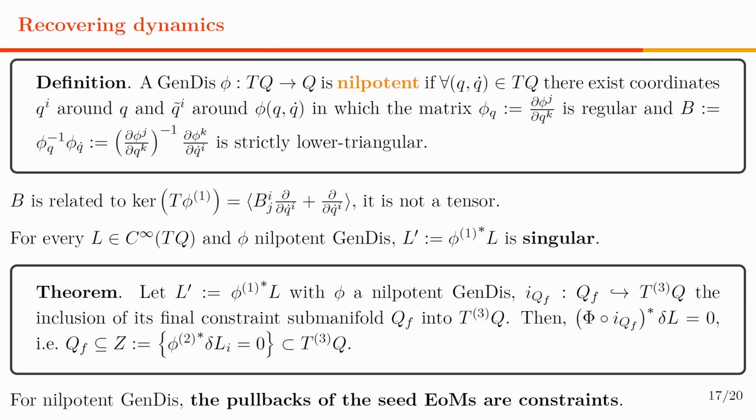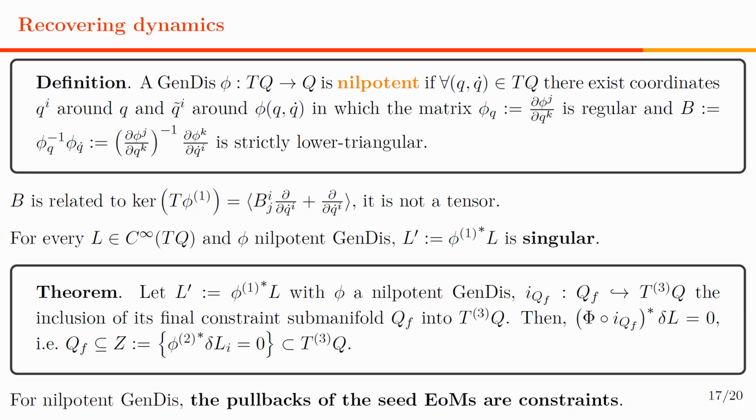But I expect this condition of being lower triangular doesn't depend on the coordinates, right? It does, because when you do a coordinate transformation, a lower triangular matrix can become something else. Yeah, but your condition of nilpotency depends on the coordinates. I mean, the definition does not depend on the coordinates; the definition is that there exist coordinates where we have this.